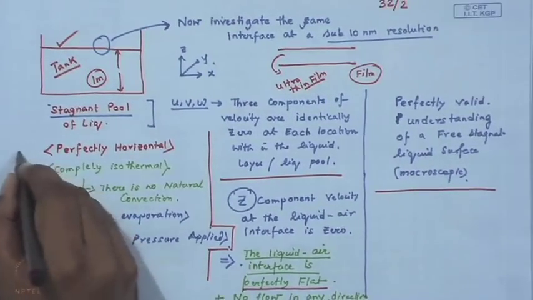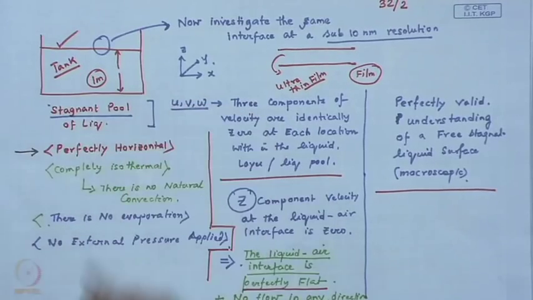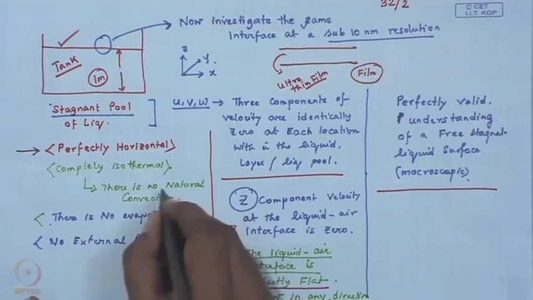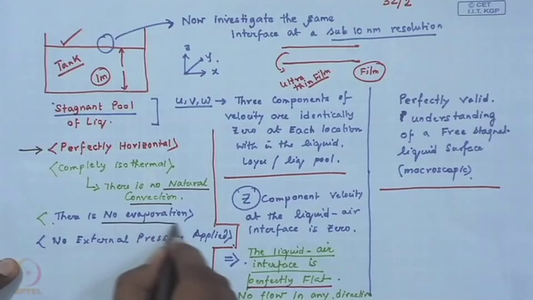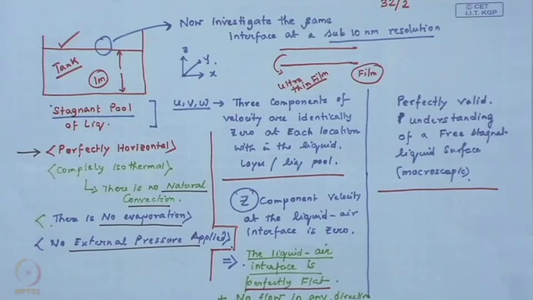That is, it is perfectly horizontal, so there is no g sin theta component which can trigger a flow. It is completely isothermal, so there is no chance of any natural convection, there is no evaporation, and there is no external pressure applied to trigger a flow.